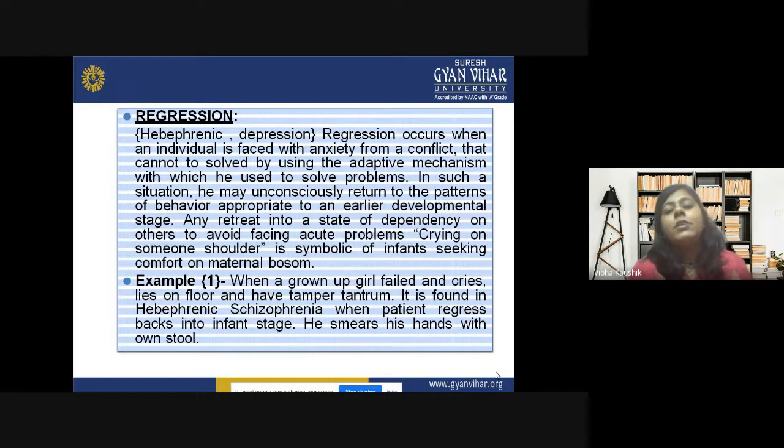Now the next defense mechanism is regression.